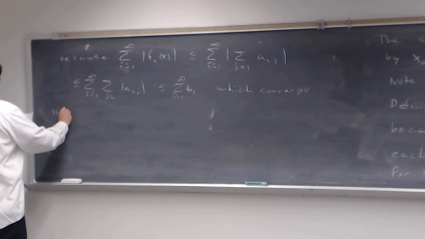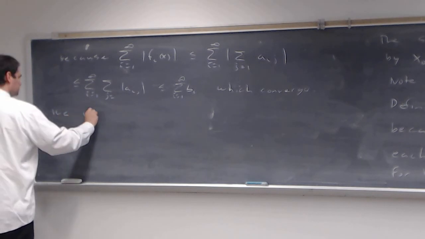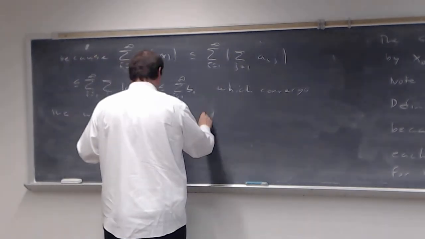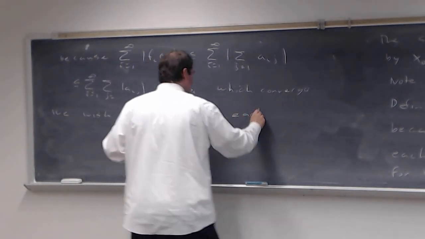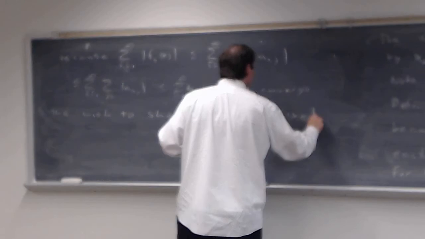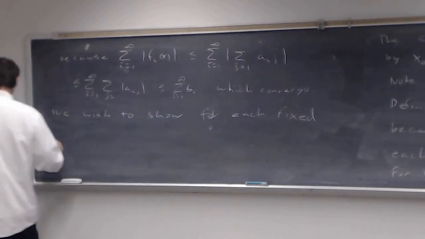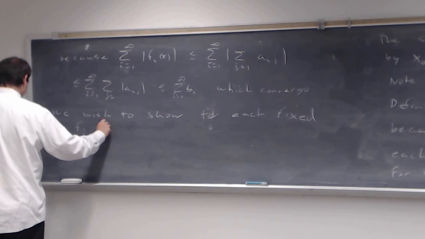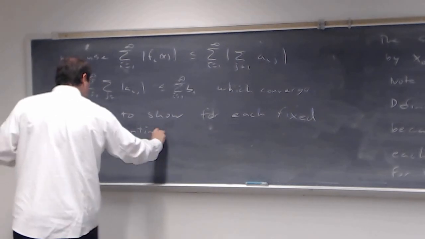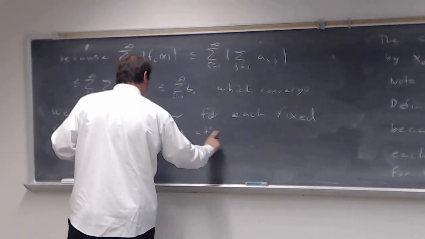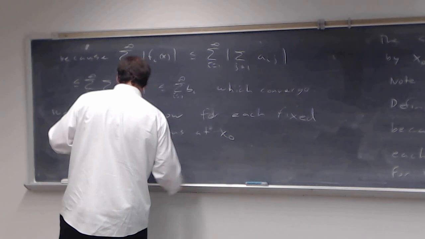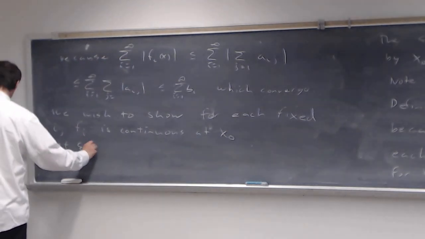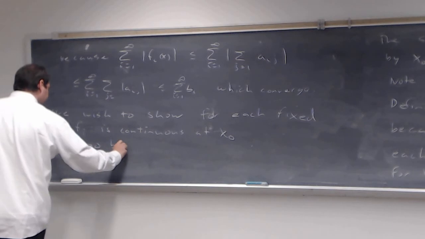We wish to show, for each fixed i, f sub i is continuous at x naught. Okay, so let epsilon be greater than 0 be given.